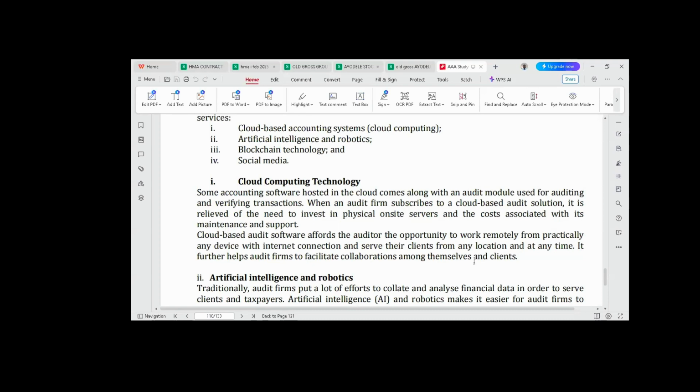So what I'm trying to say is that there's a connection between the cloud-based server and the internet connection. Even audit software too is now cloud-based. One of the things that led to this was the pandemic era.